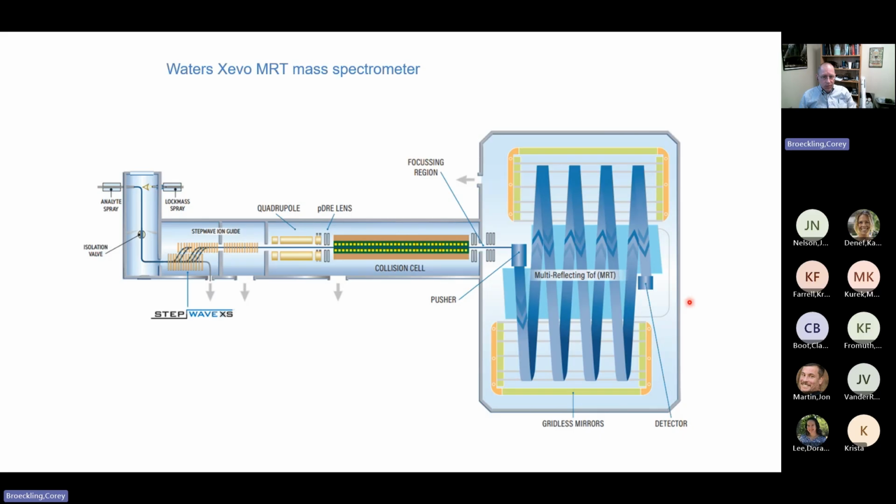So it can bounce back and forth as many times as you want to a certain extent before it hits the detector. And this is important because the longer the flight path, the more resolving power you have. And so they've done a lot of engineering to get ion packets tightly delivered to this pusher region, get several reflectron passes through here to get resolution in the 100,000 range with still very good duty cycle and sensitivity.